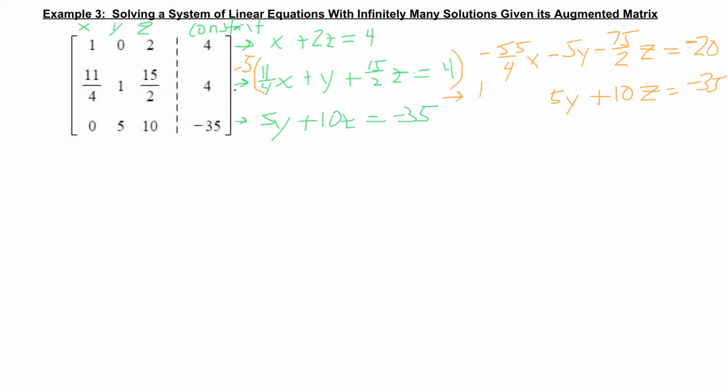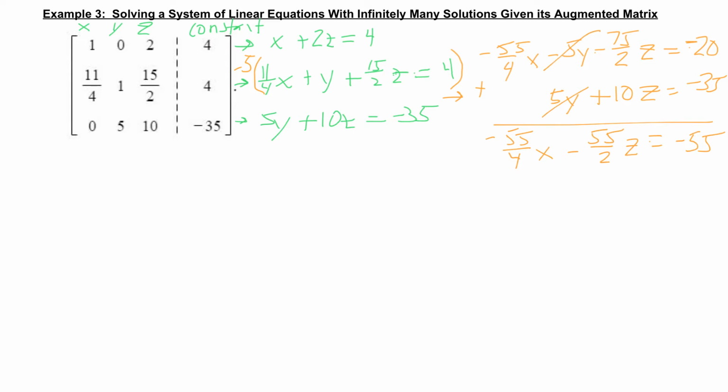Then I can add these two equations together. There's nothing to add the x with, so this negative 55 over 4x is just going to come down. Then my y's are going to cancel. And if I add negative 75 over 2 plus 10, I get negative 55 over 2 times z equal to negative 55.